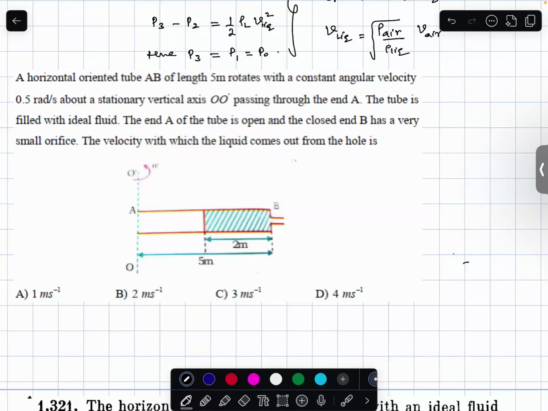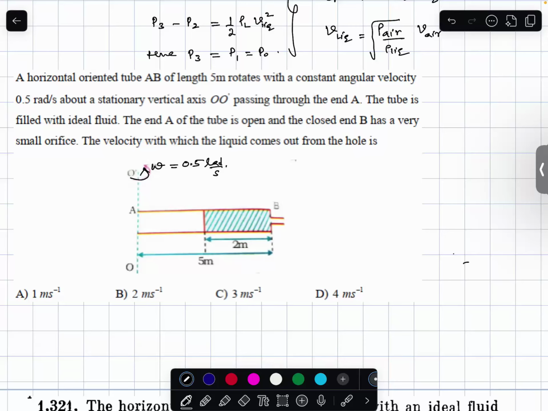A horizontally oriented tube AB of length 5 meter rotates with a constant angular velocity of 0.5 radian per second about a stationary vertical axis that passes through the end A. Omega is 0.5 radian per second.